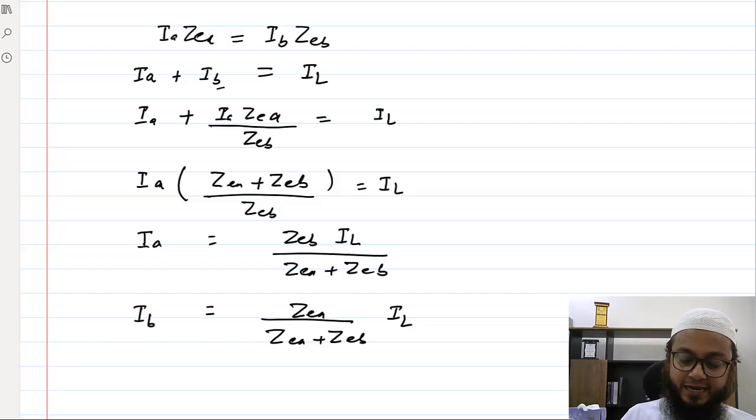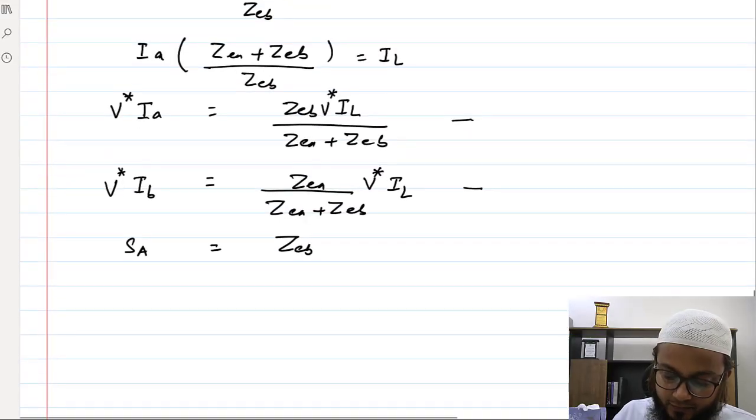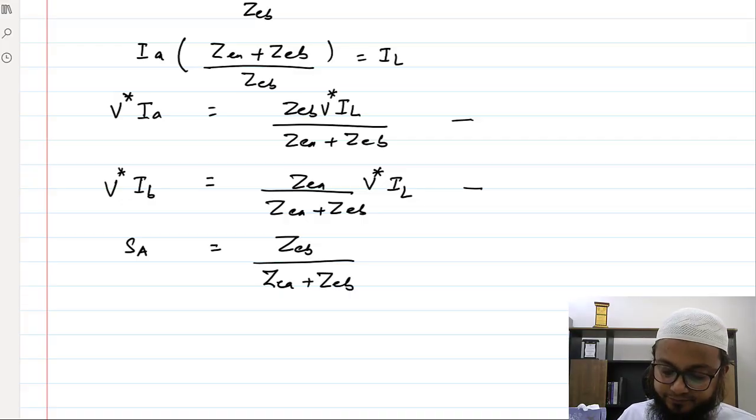Okay, so multiplying these expressions by, let's say, V conjugate, that means it is the apparent power of the transformer A, and V conjugate here, that is the apparent power of the transformer B. And if I multiply it here by V conjugate and V conjugate here, so what we can say is this SA is equal to ZEB upon ZEA plus ZEB times SL.